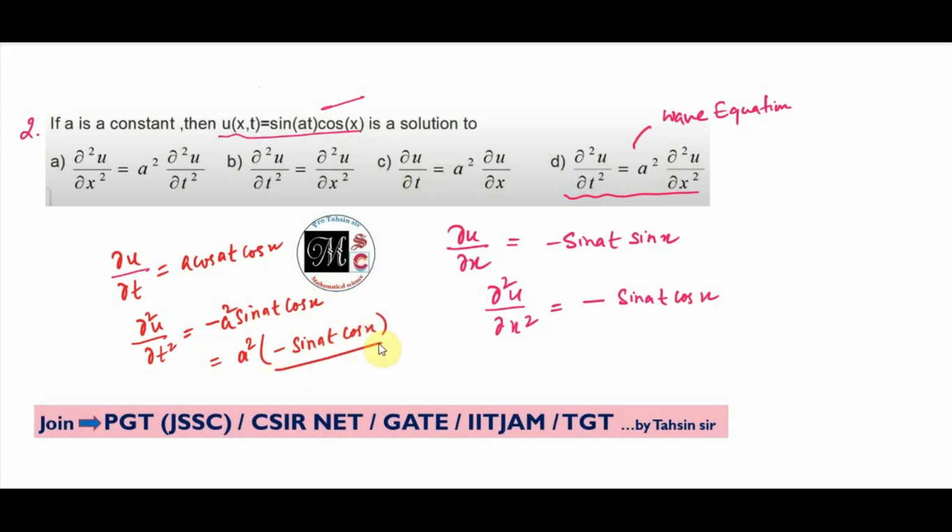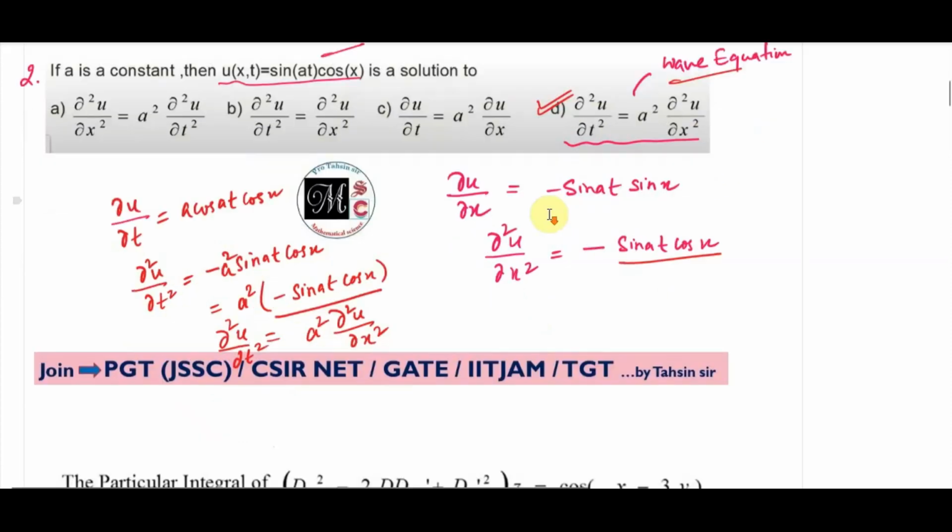This minus sin at cos x is nothing but this term, so it is equal to a square d2y by dx square, right? So we get d2y by dt square equal to this one, and this is the fourth option. So this is the solution of this differential equation, and it is the correct option.